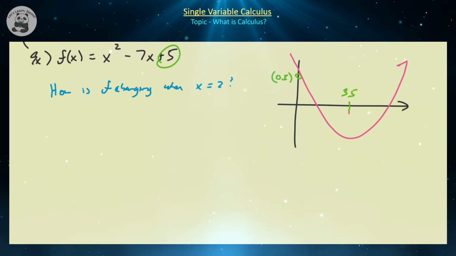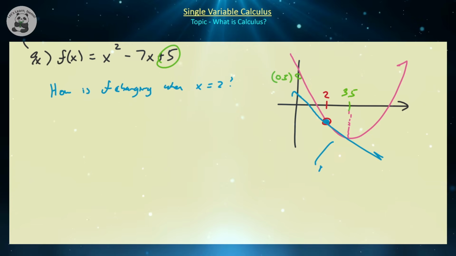And let's assume that that is our vertex. So if we look at when x is equal to 2, it is going to be located there. And if we draw a tangent line to the curve at that point, let's assume that that is a tangent line, not a secant line. Obviously, this slope is negative, and hence the function should be decreasing. But how fast is it decreasing?